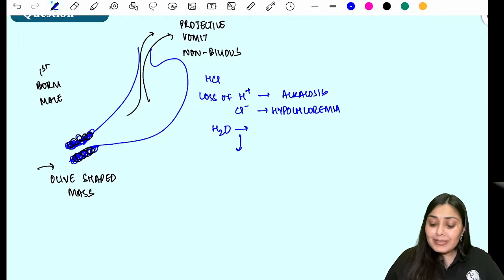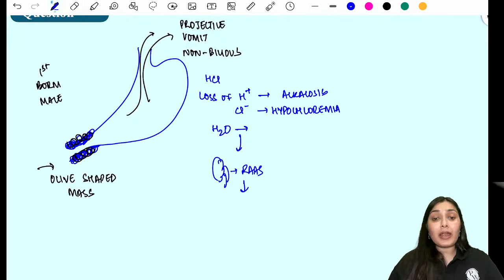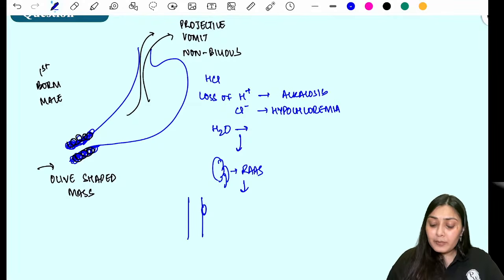That will be sensed by my kidneys. RAS will be activated, and under the influence of aldosterone, there will be conservation of sodium, and H+ and K+ will be excreted.